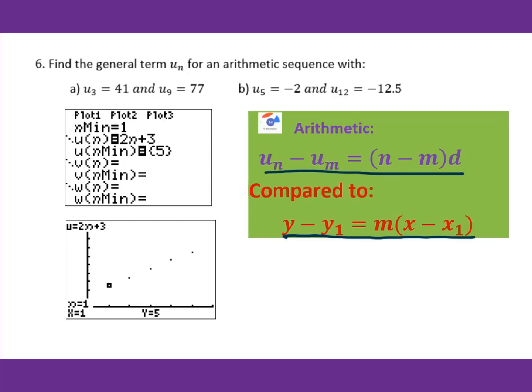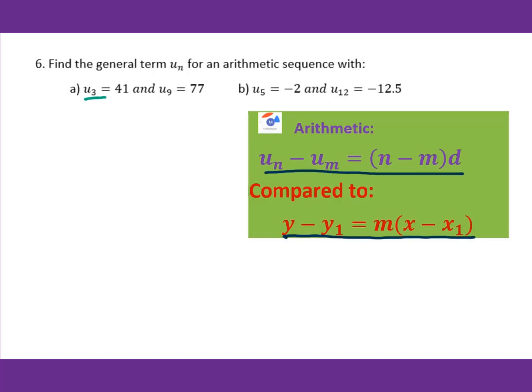If I want to sketch the graph of 2n plus 3, this sequence, I will get this graph. You could say this is a linear function. So when you're working on an arithmetic sequence, you can consider that a linear function, just the domain this time is the natural numbers.